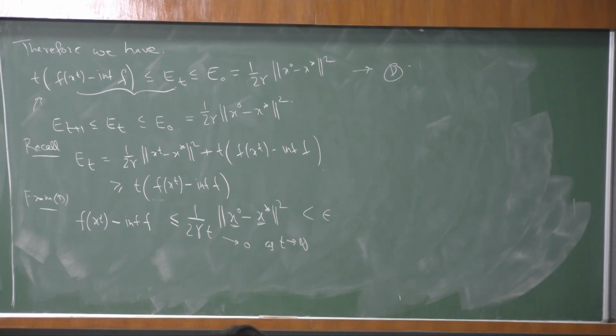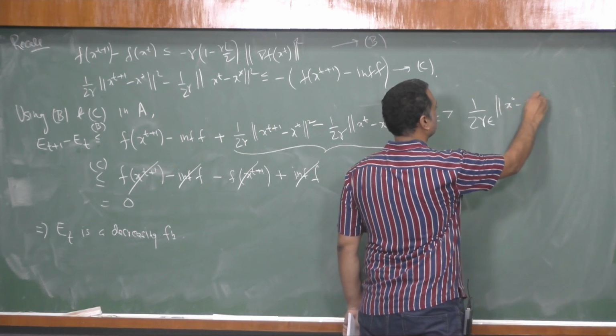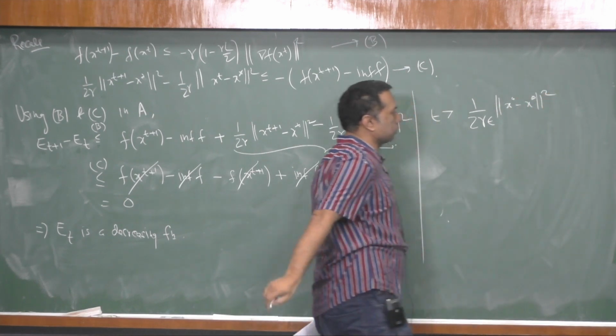Then t will be greater than something. So if I have to ensure an accuracy of less than epsilon, then t should be greater than 1 by 2 gamma epsilon norm of x naught minus x star squared, I guess.